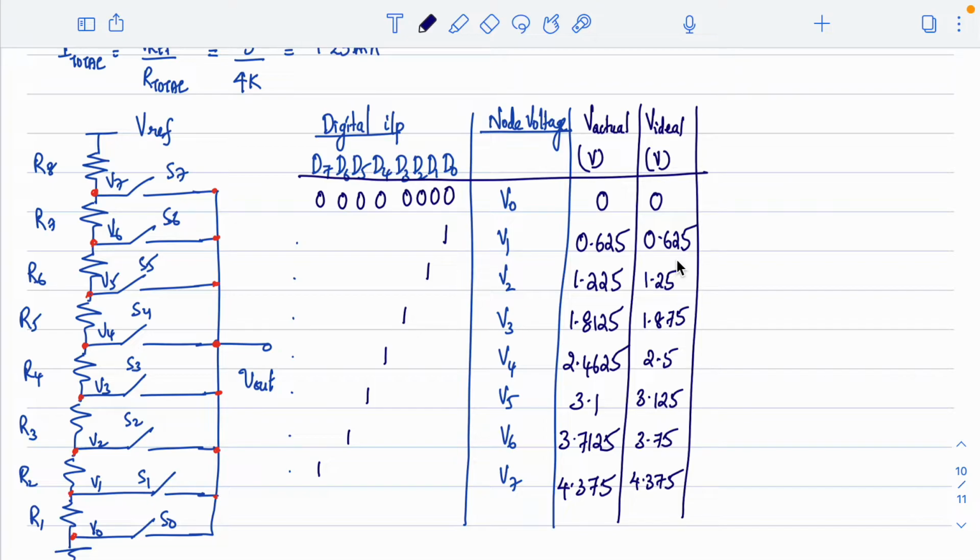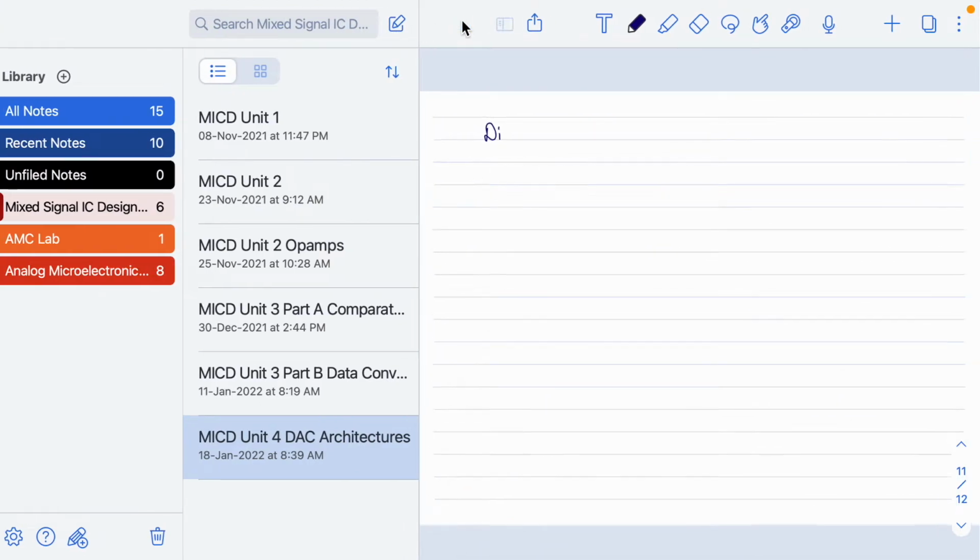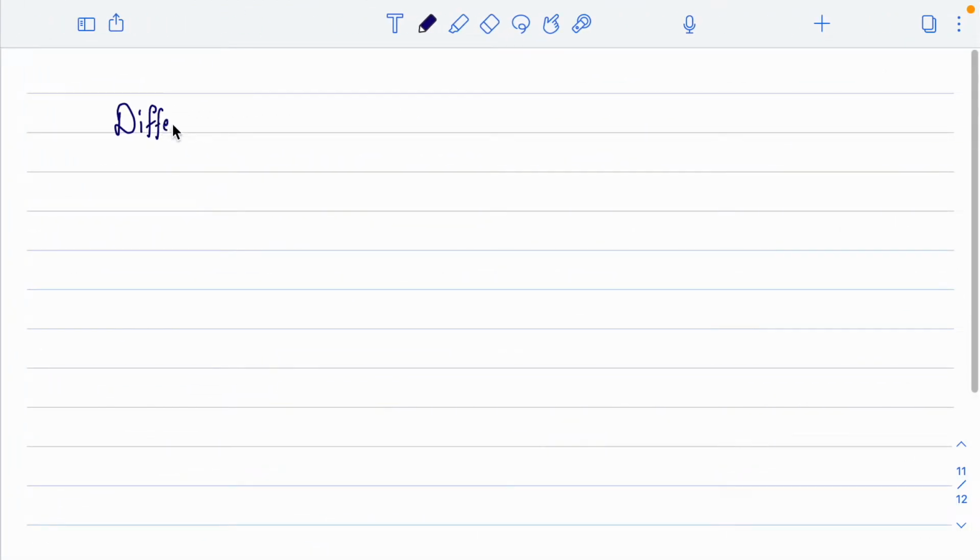Now the next step is to find the non-linearity. Non-linearity means both differential non-linearity and integral non-linearity. What we know about DNL is that it is obtained as the difference of the step height.